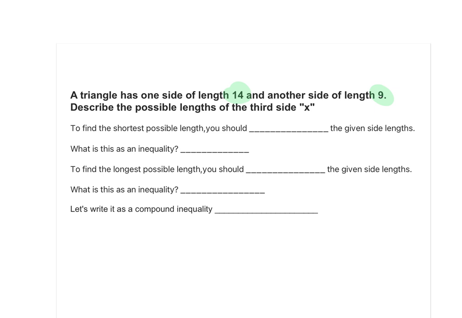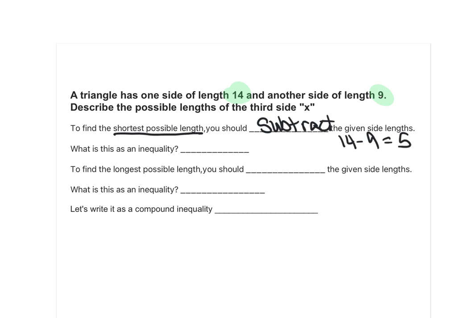So to find the shortest possible length if you have a 14 and a 9, you should subtract your two given sides. And we're always going to subtract big minus small. So we're going to subtract 14 minus 9, which is 5. So that's going to be your shortest possible length.